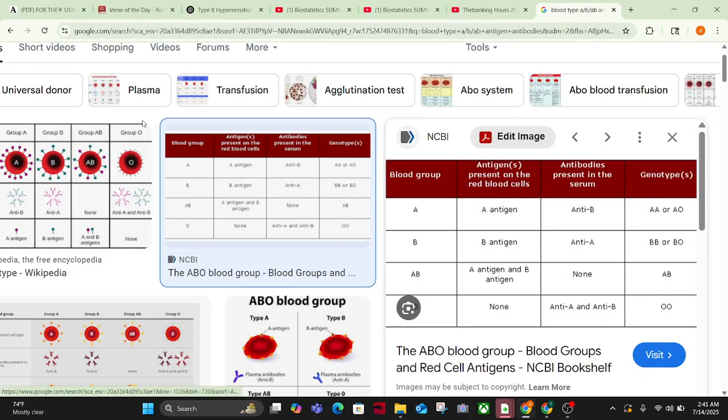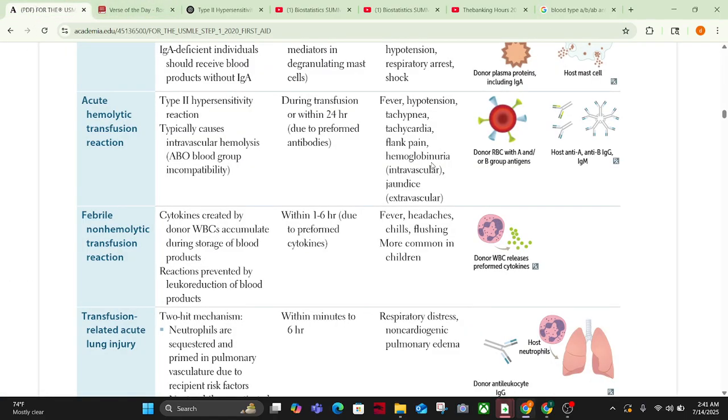So we're talking about donor RBC with A and B group antigens mixing with host anti-A, anti-B antibodies, and how that will cause a transfusion reaction. And I was going to show you the chart.